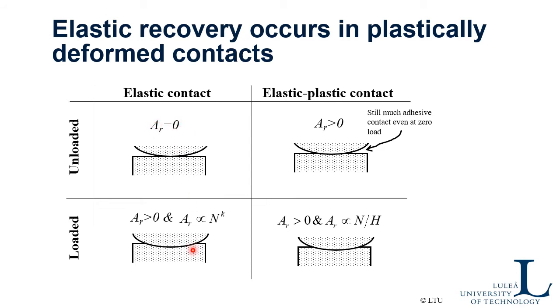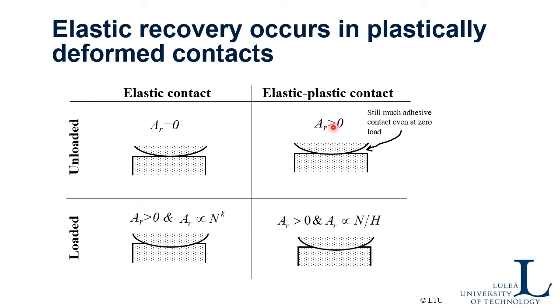If you apply the load, the real area of contact is bigger than 0, of course. If you have an elastic-plastic contact instead, then after loading and unloading, you still have some contact area because of the dent created by the indenter here.